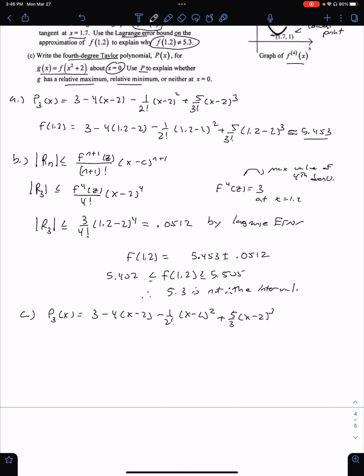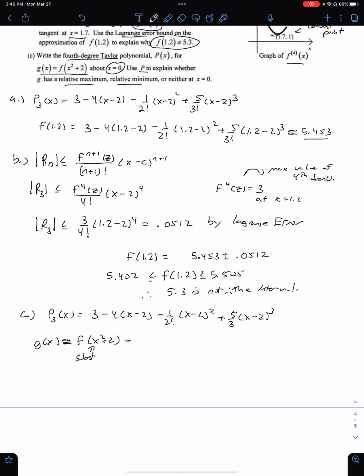Well, f of x, so g of x, as a polynomial is going to be, remember, g of x is equal to our x squared plus 2. So this is just a straight up substitution. I can just substitute it in.